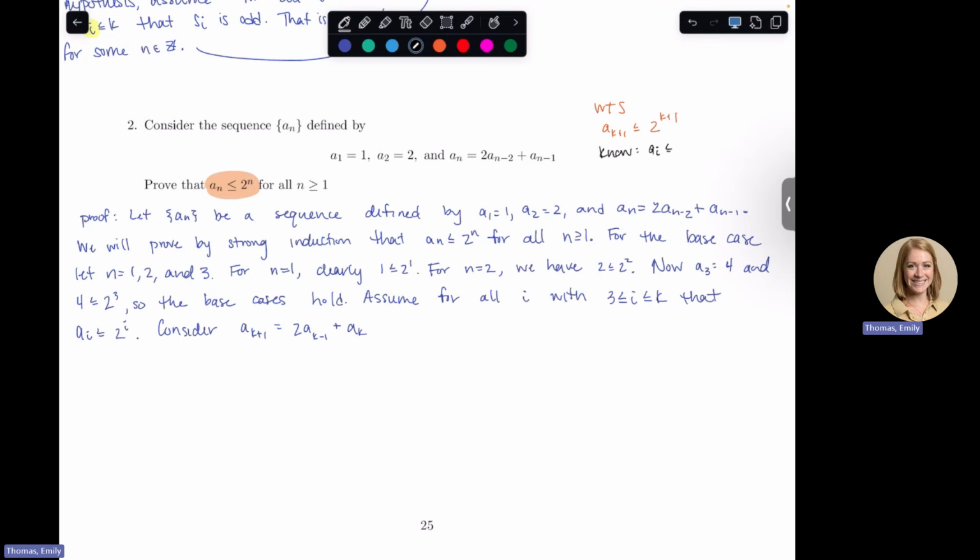We know that A sub I is less than or equal to 2 to the I, for 3 less than or equal to I less than or equal to k. How are we going to use that?